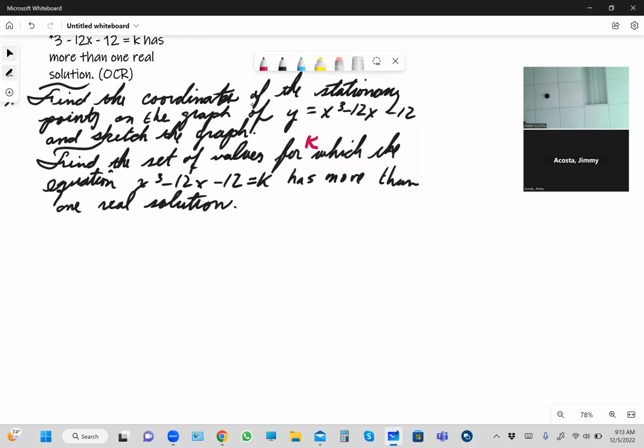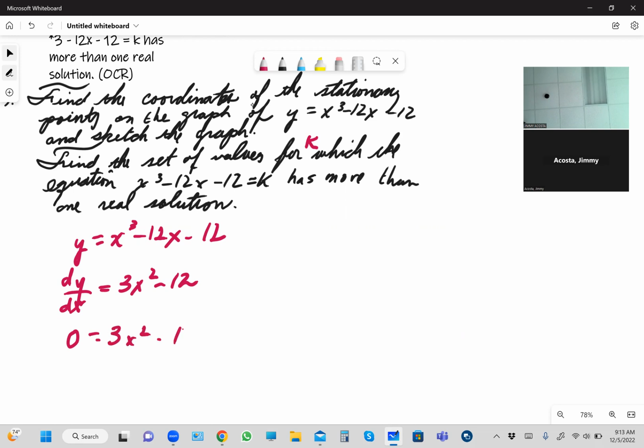So what's the first step we should do, guys? Derivative. So let's do the derivative because we're going to try to find a stationary point. So here's y equals x to the third minus 12x minus 12. So dy/dx equals 3x squared minus 12, right? Okay, so what do we set the derivative to, to find stationary points? 0. So 0 equals 3x squared minus 12.